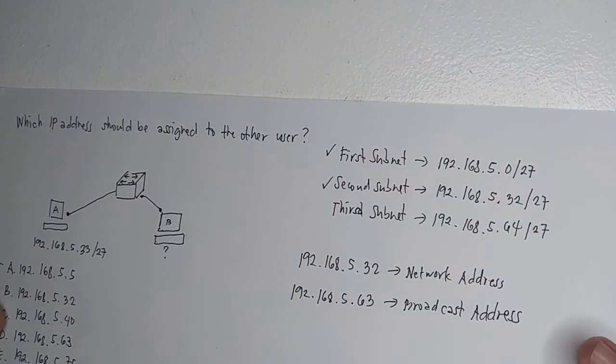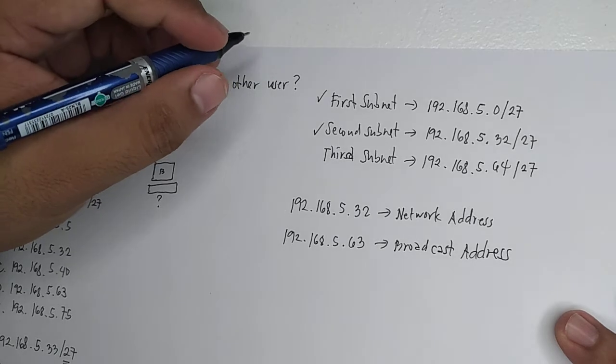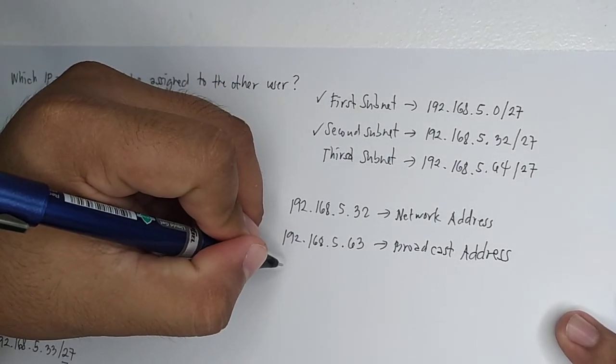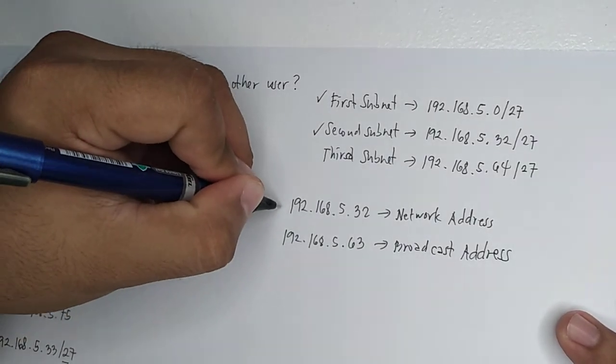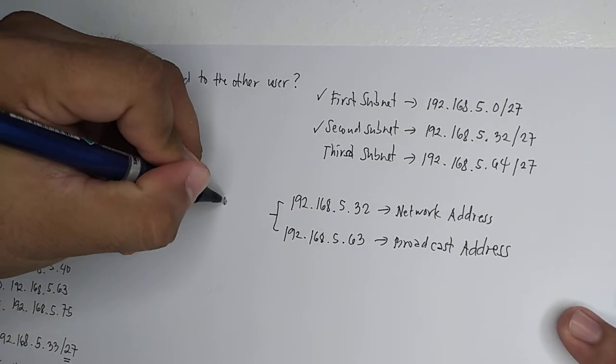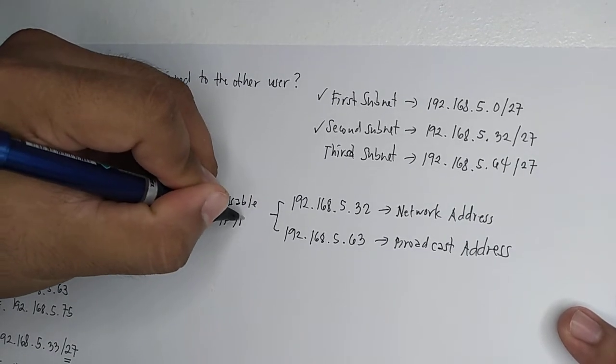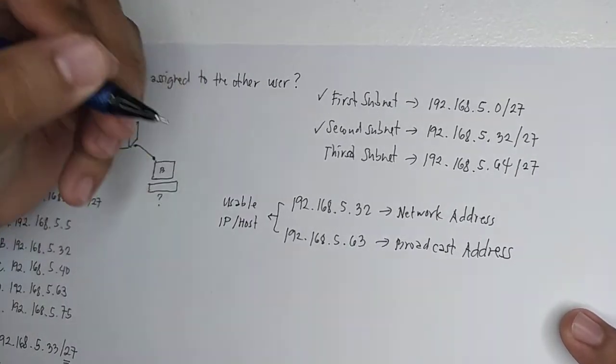So what are our usable IP addresses? They are the numbers in between these two, our usable IPs or hosts.